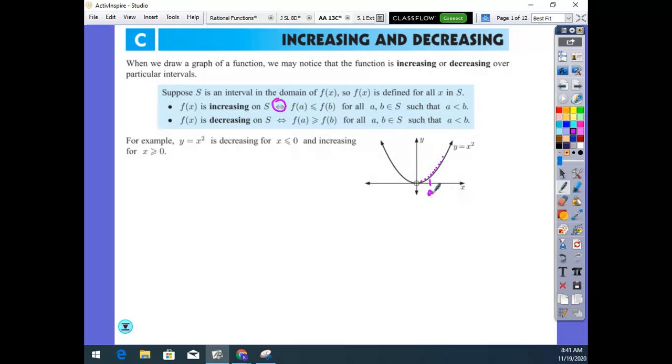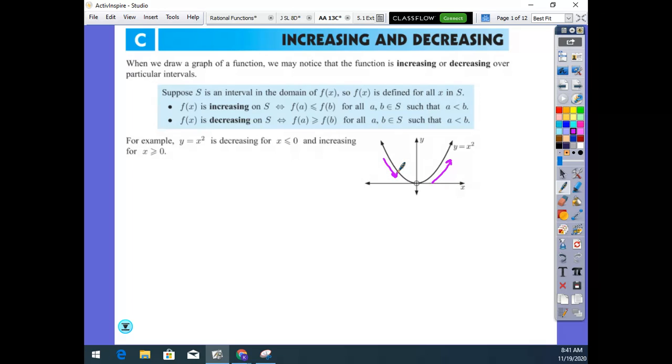So like say here's a, here's b, that f of a is always less than f of b. Sometimes mathematicians get a little bit funky here. To me, just by looking at your picture, you can tell this is going up and this is going down.